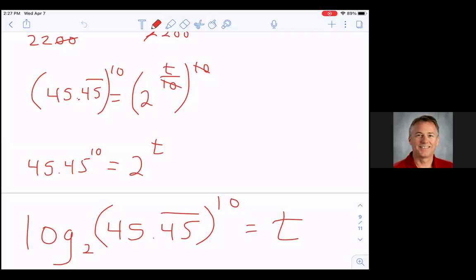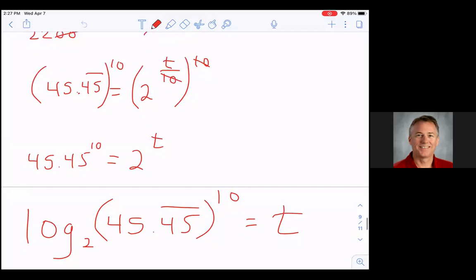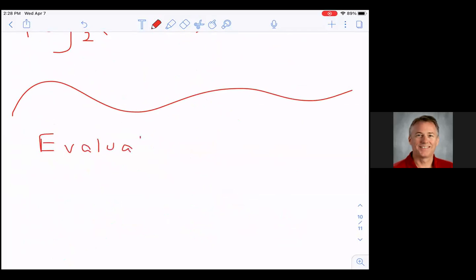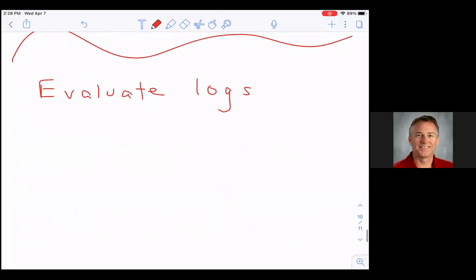So a log is a function that does something. Let me explain it a couple ways. First we're going to evaluate logs. If I write log, that's the function, it's for logarithmic.